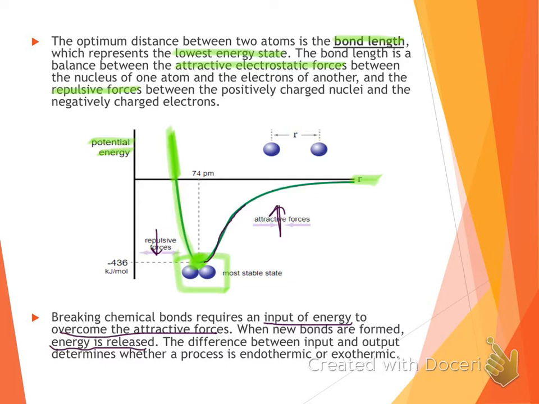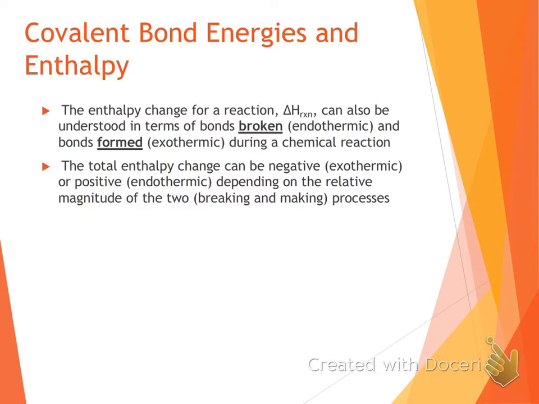The difference between the amount of energy we need to break the bonds and the amount of energy that comes out whenever we make new bonds determines if the overall process is endo or exothermic. That is the exact same thing as the enthalpy change for our reaction, or our delta H reaction.